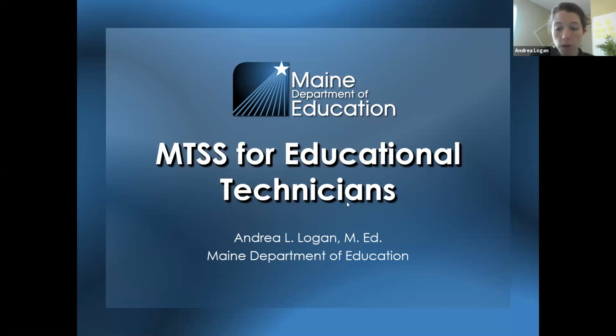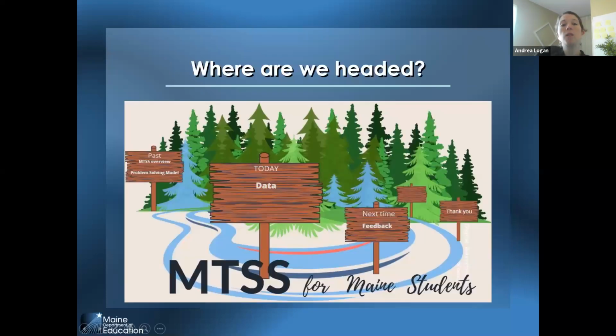Okay, frozen screen again. Here we go. Okay, so where are we headed with these webinars and in this webinar series? So far, we have covered multi-tiered systems of support overview, and we have briefly touched upon the problem-solving model for multi-tiered systems of supports.